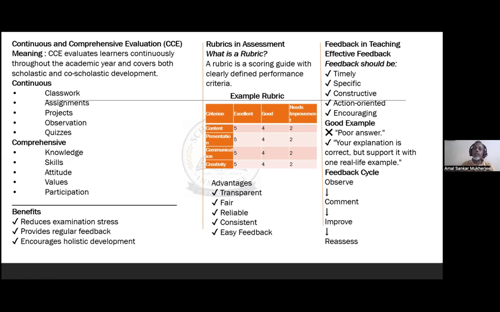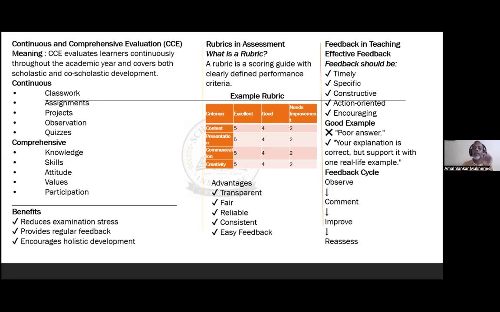We can cite one example like "poor answer." Such type of feedback must be avoided because it will discourage the student from further improvement or further development. So what should the feedback type be? Your explanation is correct, but support it with one real life example.